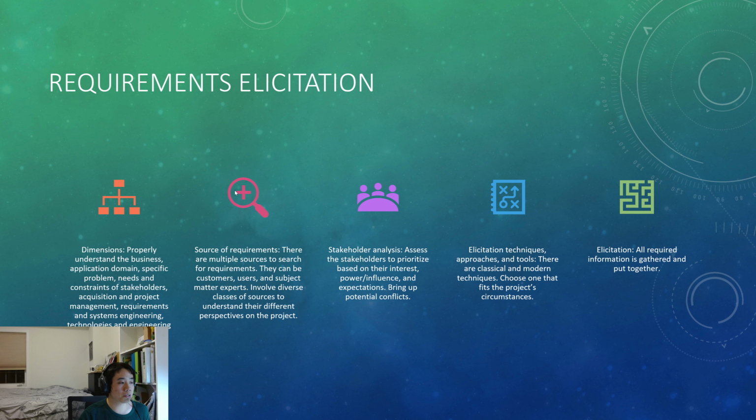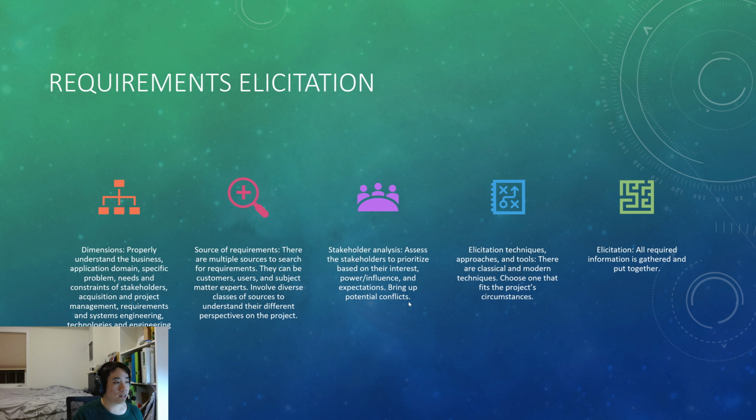Then you source the requirements from different people like customers, users, or even subject matter experts. You should find a diverse crowd of people so that you will be able to understand different perspectives and make the system as inclusive as possible.